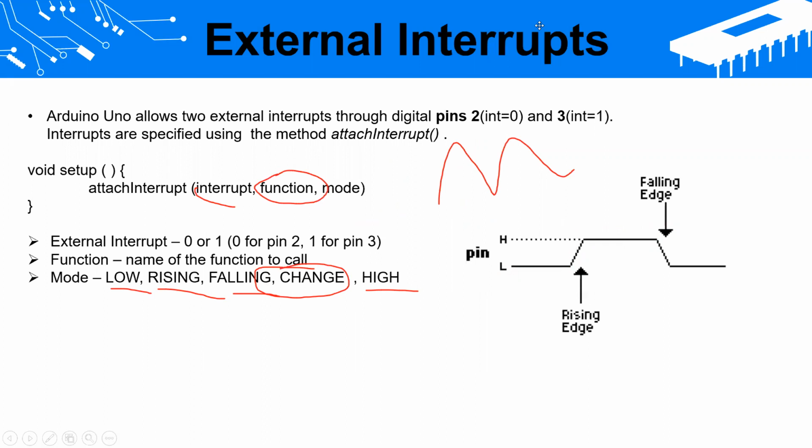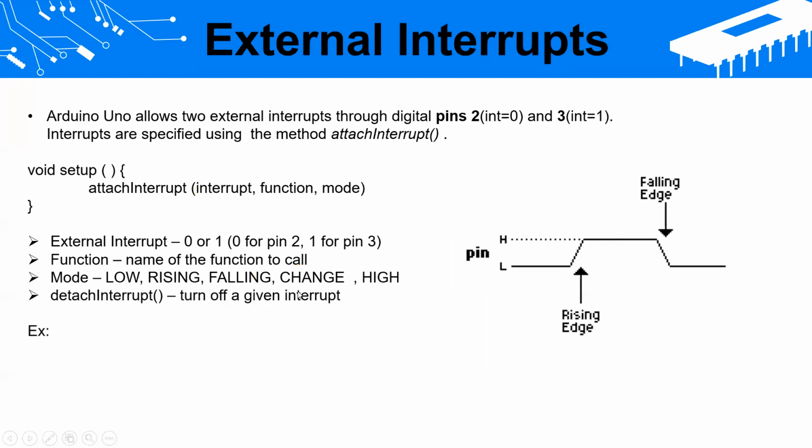Take an example. I put 1 here, which means I'm connecting some sensor to digital pin number 3. If that pin's sensor gives high voltage, almost 5 volts, then this piece of code should execute.